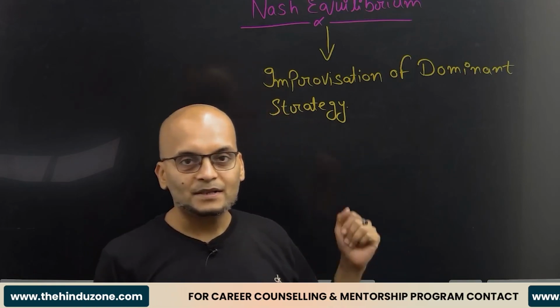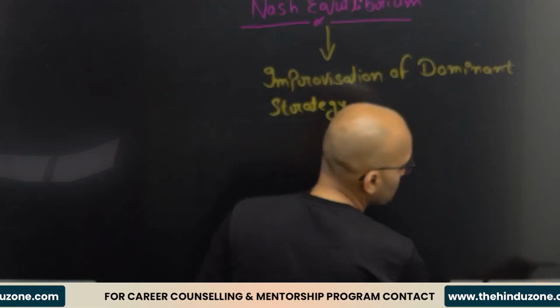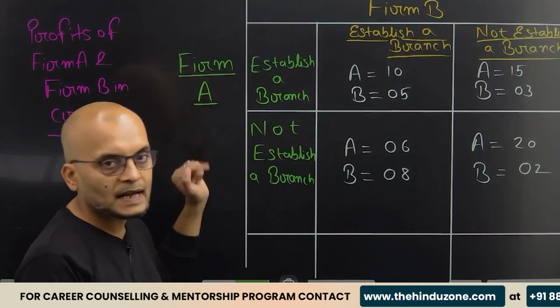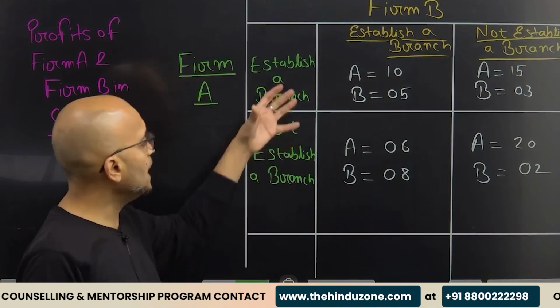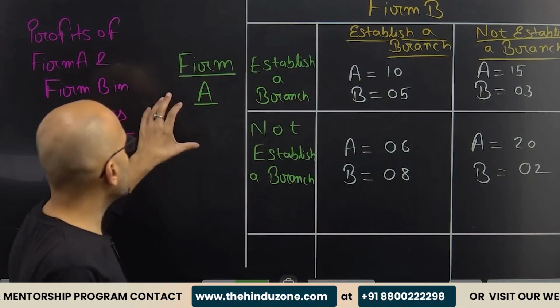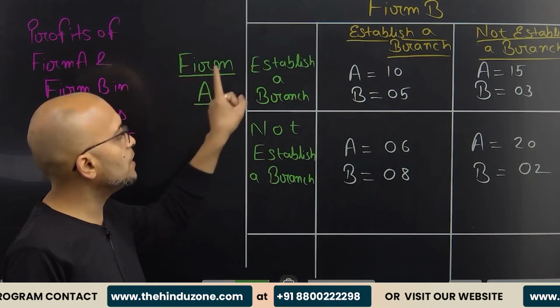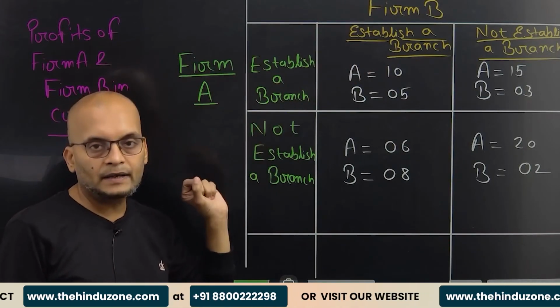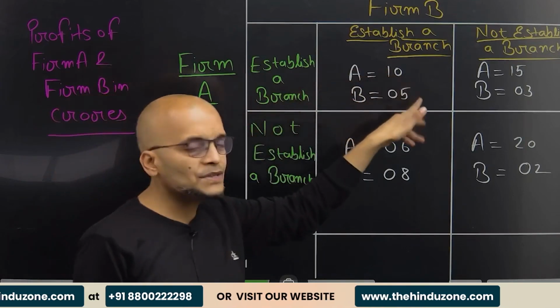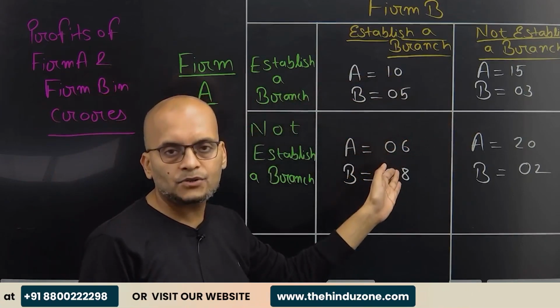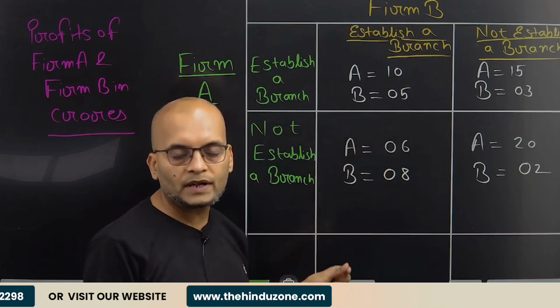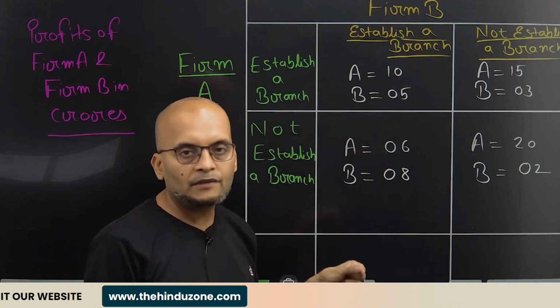Fine. So we are going to understand this Nash equilibrium with the help of a table. See guys, we have got two firms, firm A and firm B. These figures that you are able to see are the profits of firm A and firm B, in crores.